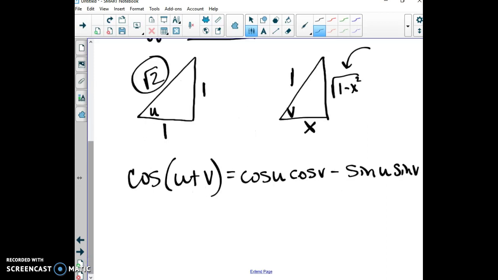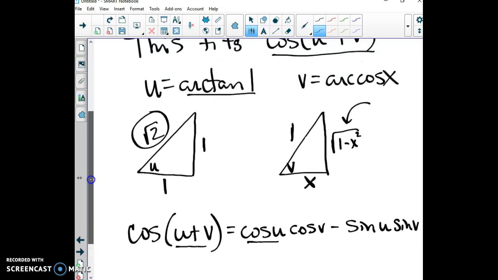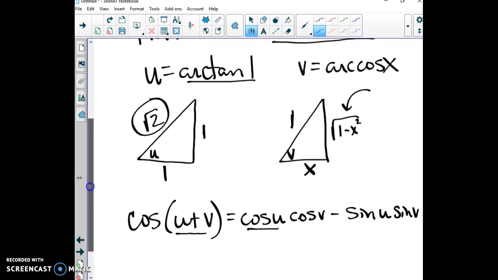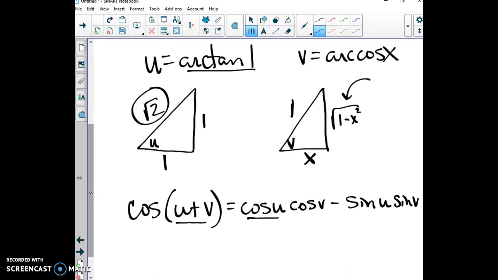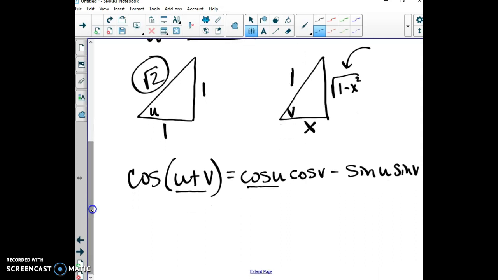So we're looking at our sum of cosine u plus v. We realize we have cosine u. We were given that in arc cosine x. Cosine is adjacent over hypotenuse. So the cosine of u is 1 over square root of 2, which is just the square root of 2 over 2. And the cosine of v is adjacent over hypotenuse, which is simply x.